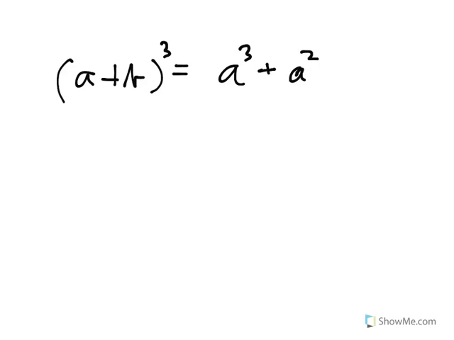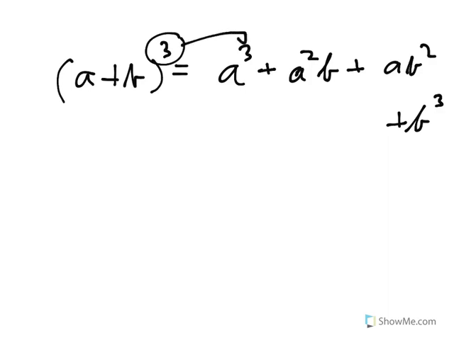The variables follow this predictable pattern, where the 3 becomes the exponent of the a, and then in the next term it goes down by 1, and then down by another 1 until there is no a. Whereas the b goes backwards.